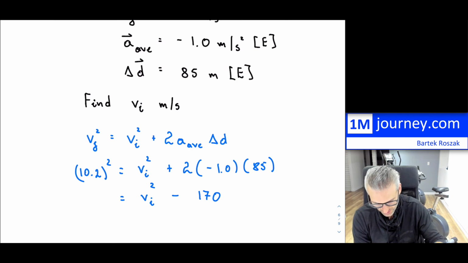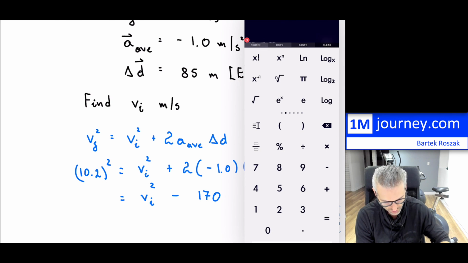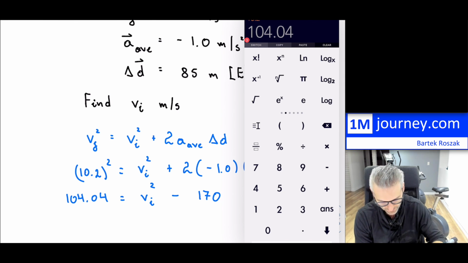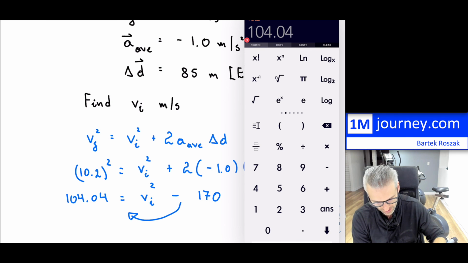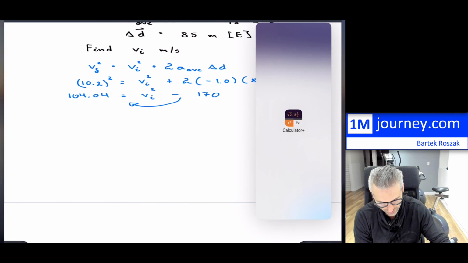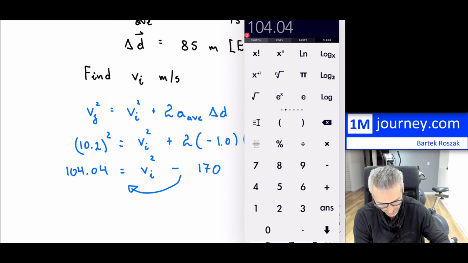And now finally, the 10.2 squared. I'm going to just square that, which gives me 104.04. Again, I'm not rounding in here just yet. We'll round the final answer. They don't specify, so that's fine.